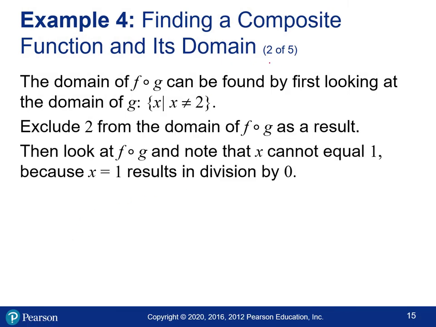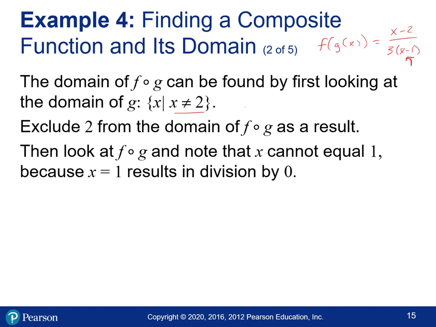From our function that we composed with g on the inside, originally in g we couldn't plug in 2, so we still keep that. And then our resulting function, f composed with g, was x minus 2 over 3 times x minus 1. Notice now 1 would be a problem.